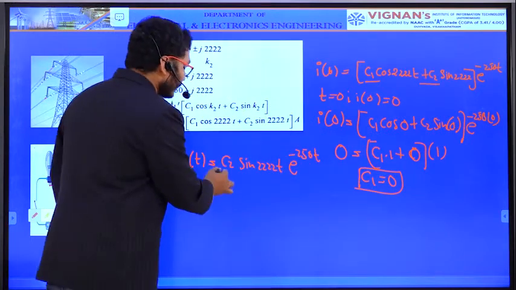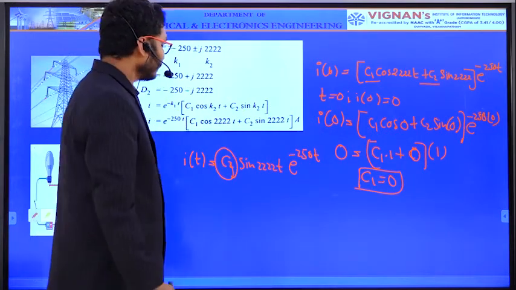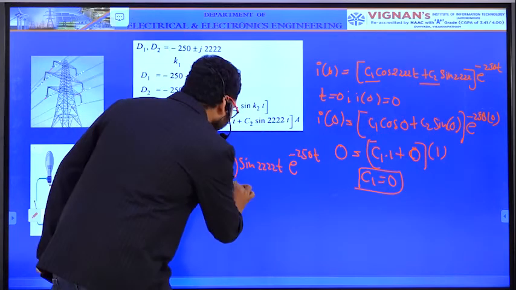Now we have to eliminate the C2 value. How will we eliminate it? Already we have an initial value.